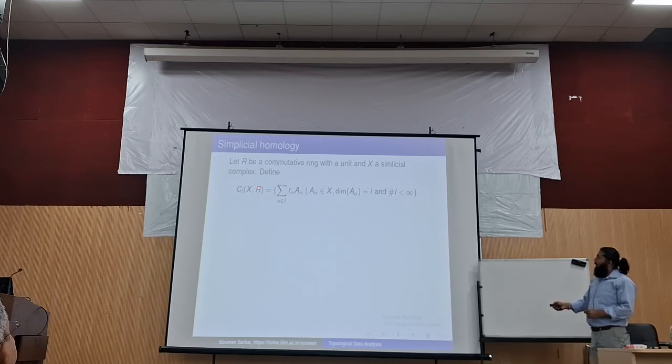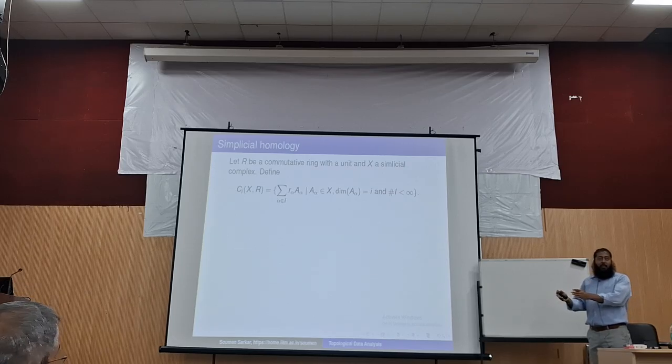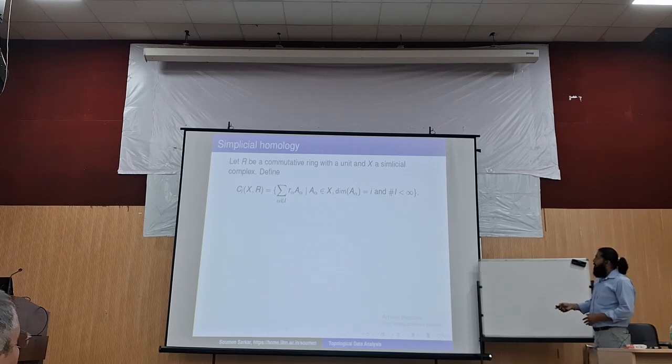This group is called the i-th chain complex. Here i comes from the dimension of the simplex. What does that mean? For an n-simplex, we have n plus 1 points in general position, meaning that if you take n of those points, they don't belong to an affine hyperplane of dimension less than n minus 1. That is the definition of general position.